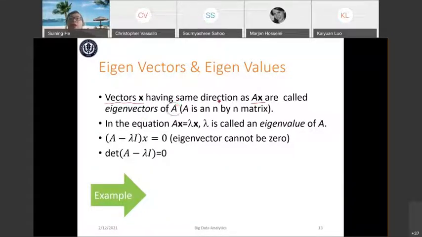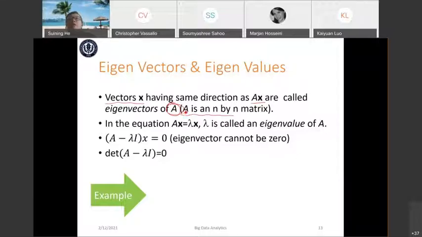And please be aware that our matrix A is a symmetric matrix. It can be an n times n matrix, where n is, for example, the number of dimensions we are considering. So this A can be the corresponding covariance matrix of the data points.